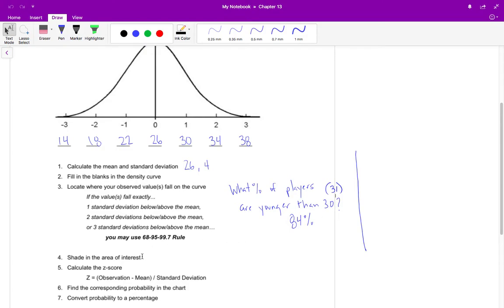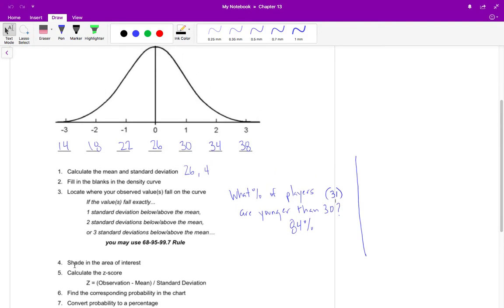So if I follow these steps, I'm going to shade in the area of interest. So less than 30 or younger than 30 is basically everything to the left, all the way over here, right?